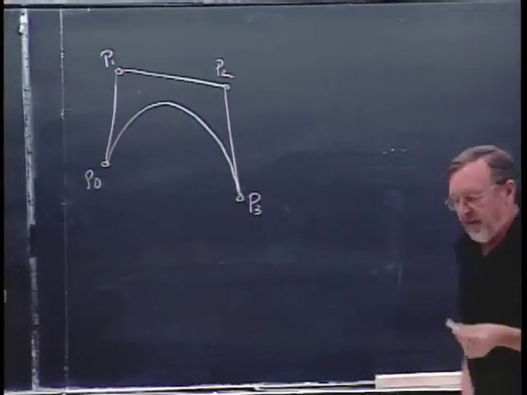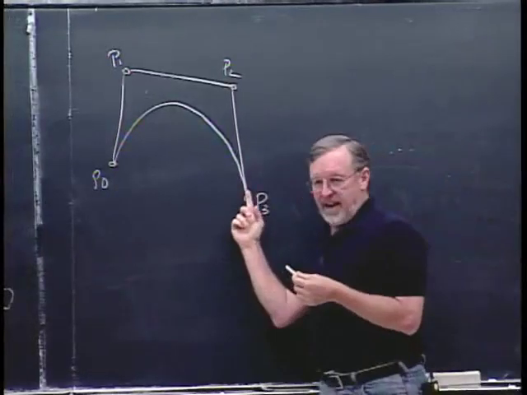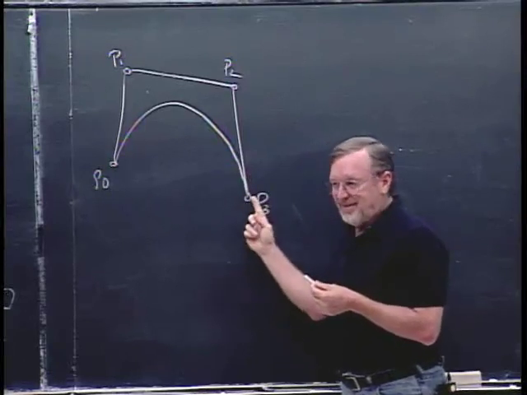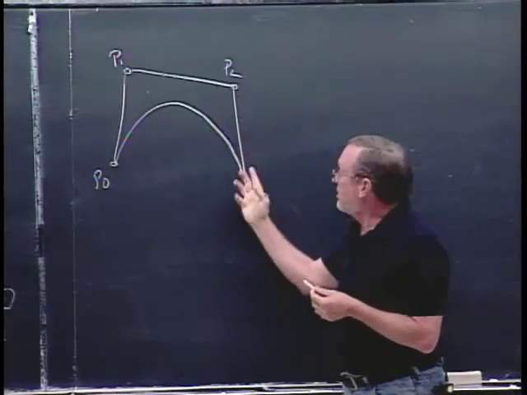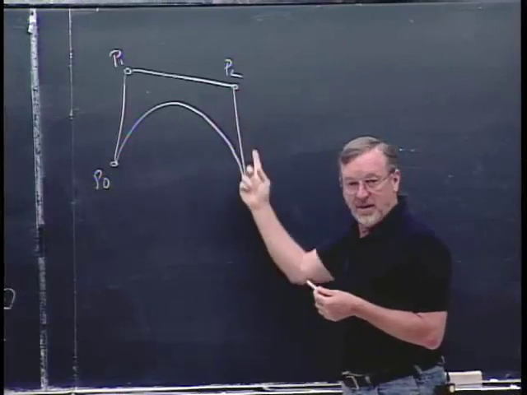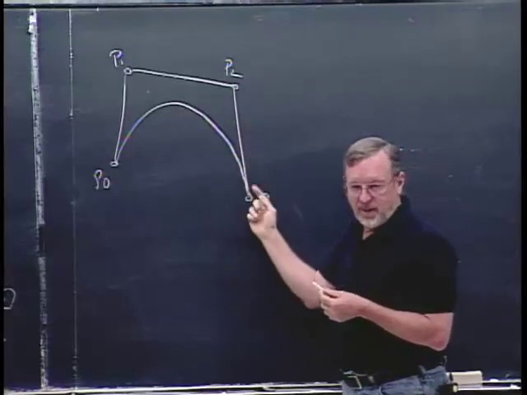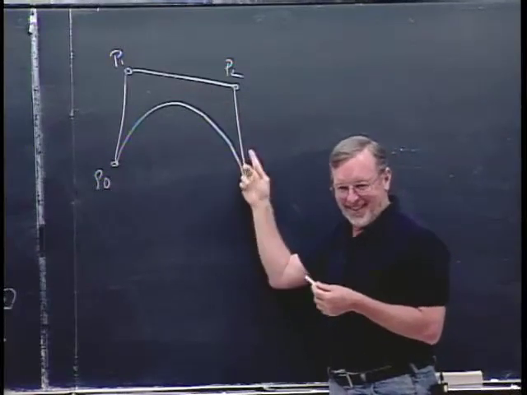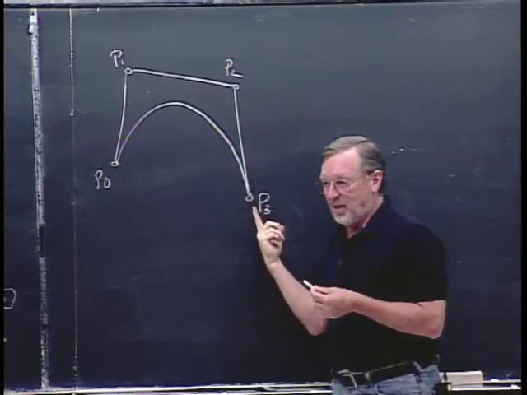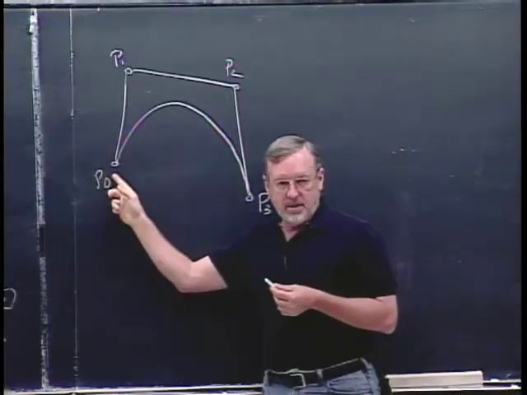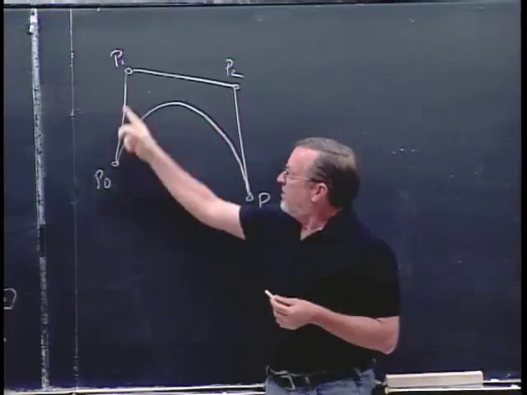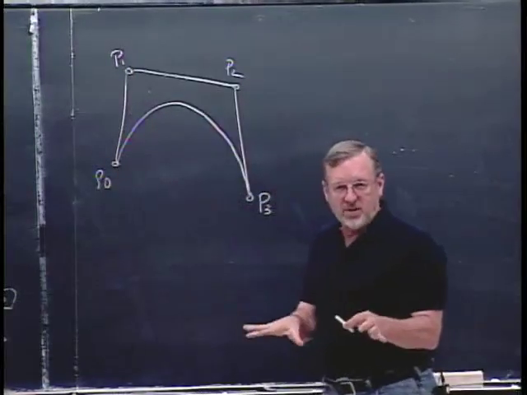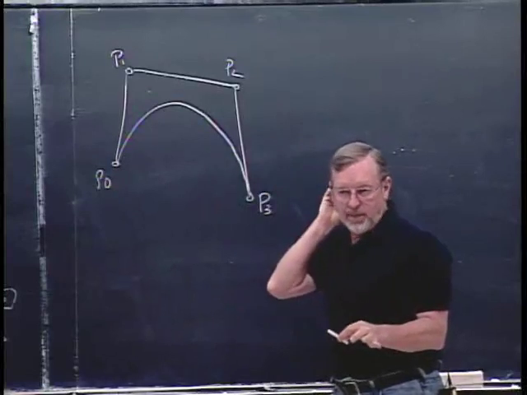If I draw this, it's not too hard to see that the tangent line here at P3 has to have the same slope as the line P2, P3. It's not too hard to see this because I'm always taking half, half, half, and one of my half points is always on this line, so it's going to approach the line here. Same thing over here, the derivative, the slope of the tangent line, is the same here. So we kind of know how tangent lines work with Bezier curves.